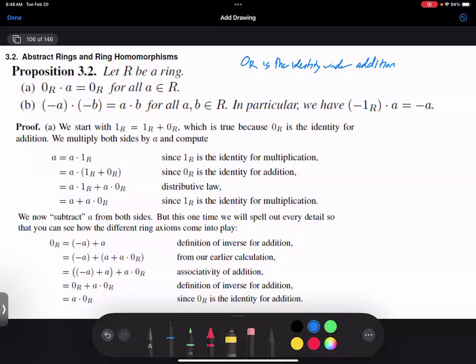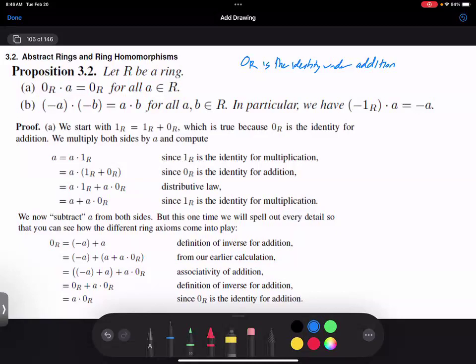So that's what A is saying: 0 times A is 0 for any A in the ring. And the next is negative A times negative B equals A times B. In particular, if you take negative the multiplicative identity and multiply that by A, you get negative A.